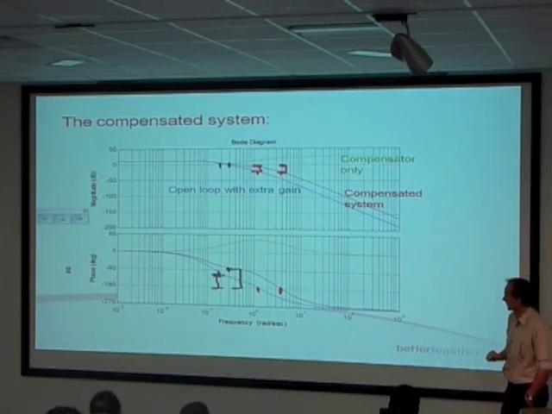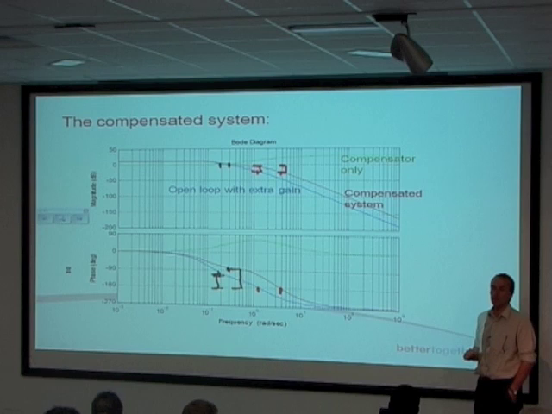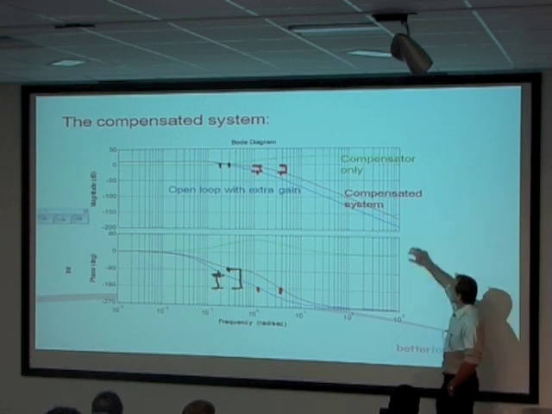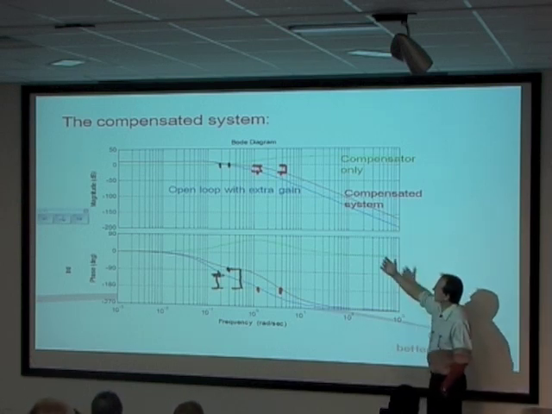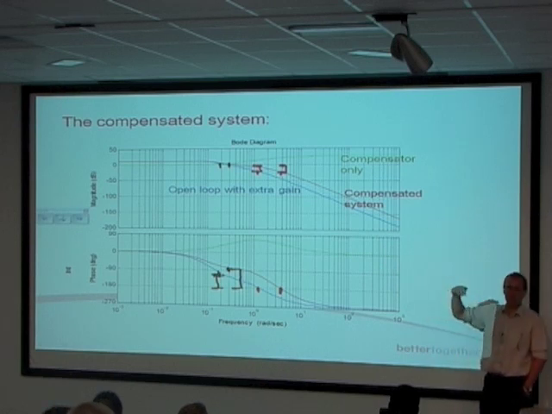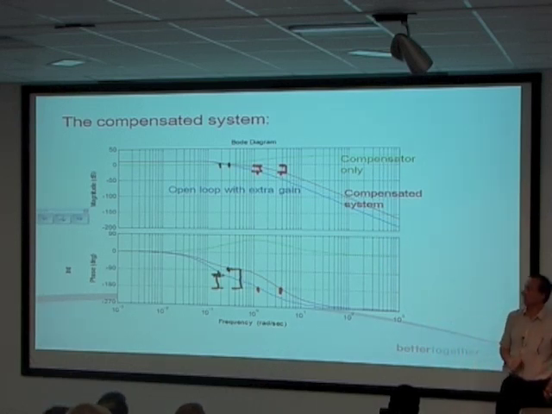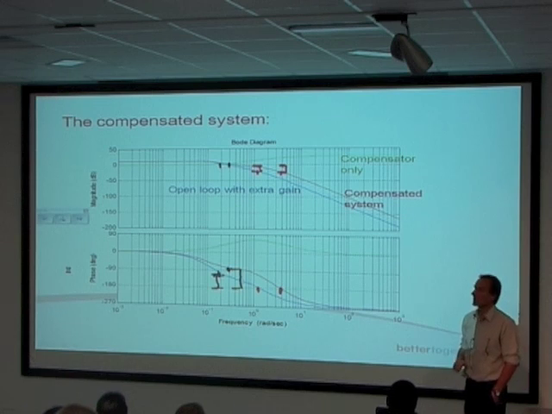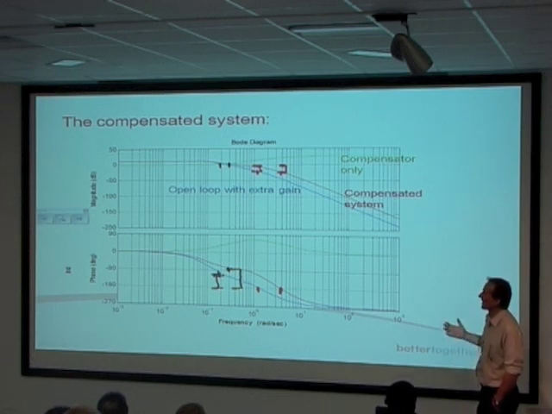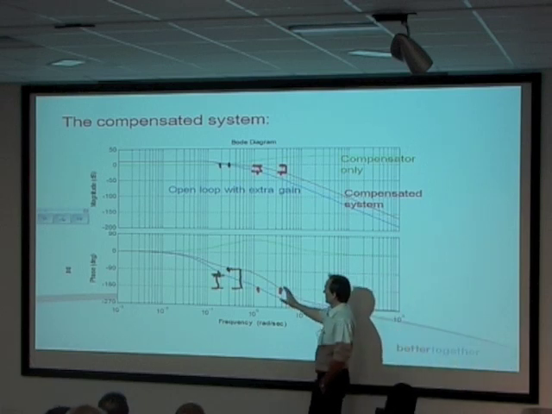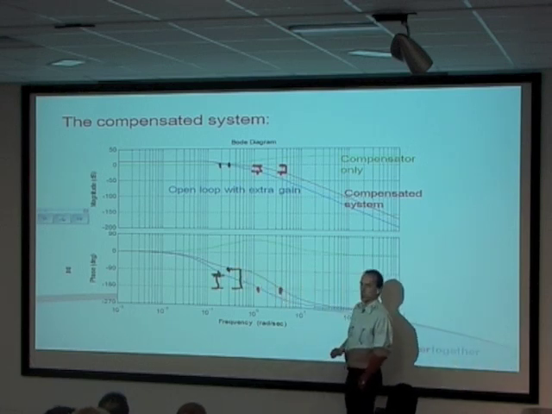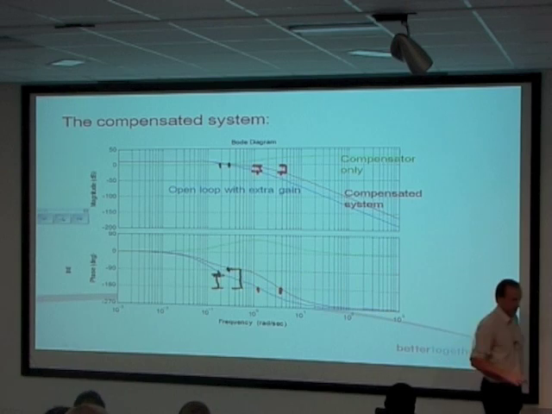I've got the blue and the red coincident in there. I'm stuck with this extra gain, but we're already on that part of the slope where things are all diving down here. We're all on negative gradients. So to some extent, that becomes less important. But we've managed to give ourselves this big lump of phase lead just where we need it.